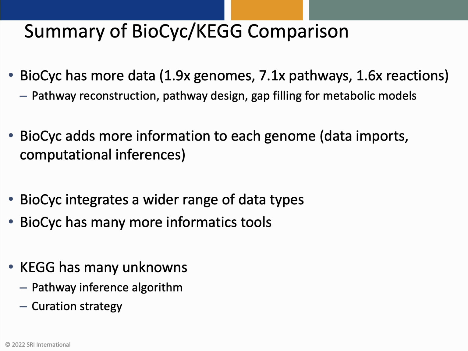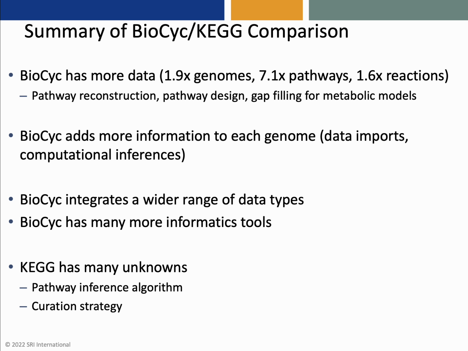So let me summarize the comparison that we've performed, which has shown that BioCyc has more data than KEGG, almost twice as many genomes, 7 times as many base level metabolic pathways, 1.6 times as many reactions. And these differences have real implications for some of the algorithms that make use of these data.